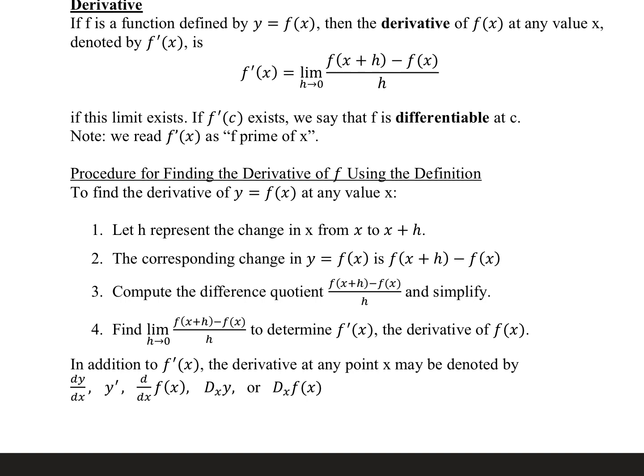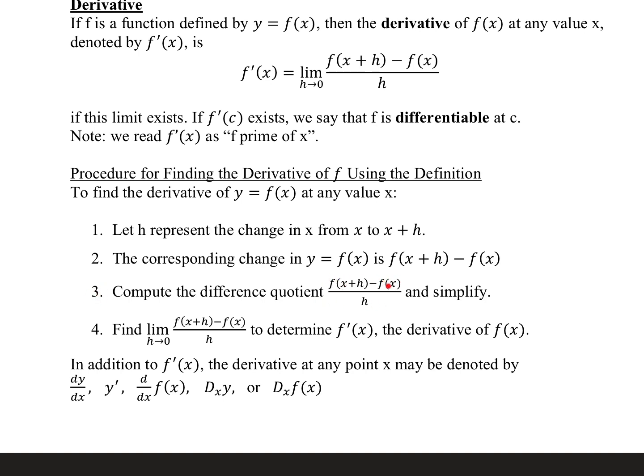So first of all, we always let h represent the change from the initial point to that second point. That's kind of just an implied thing. That would mean that the corresponding change in y would be the second y value minus the first y value. So then, and this is where you usually pick up in your work, you start by computing this difference quotient.